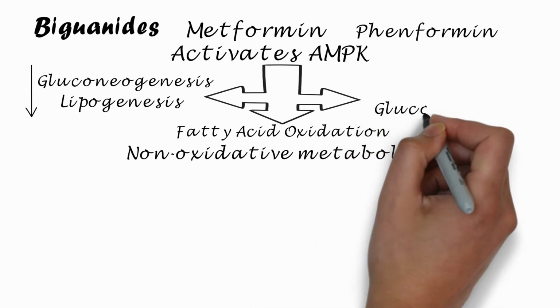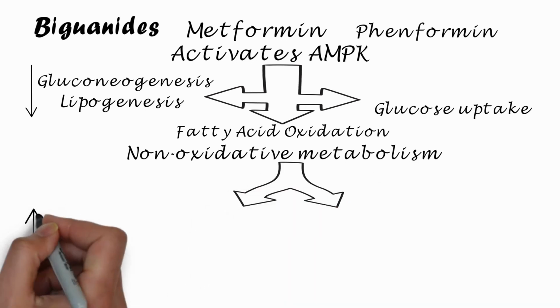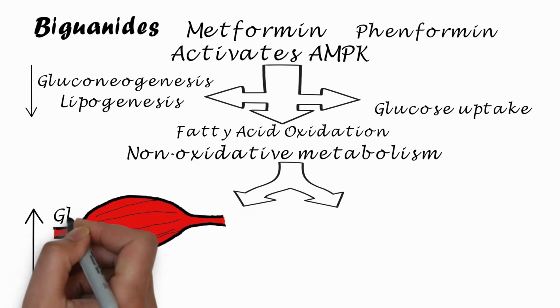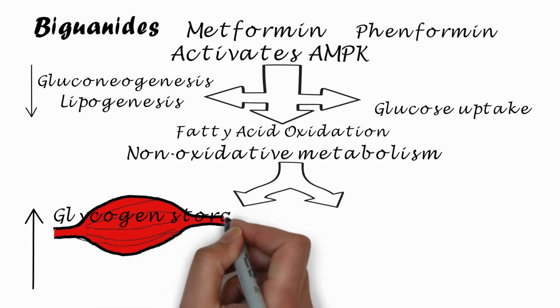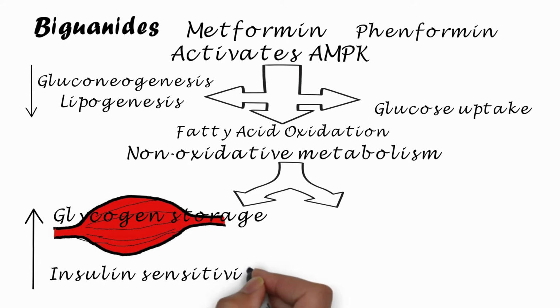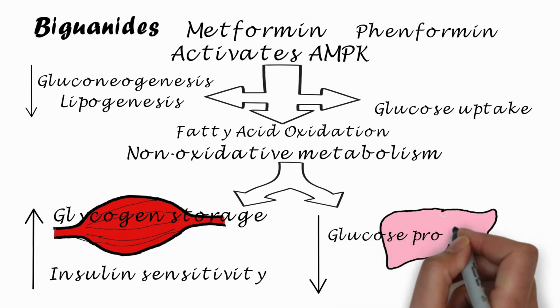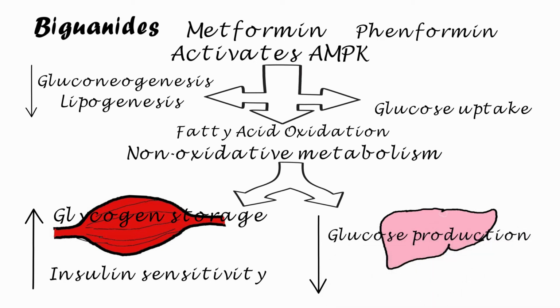It also stimulates glucose uptake. The net result of these actions is increased glycogen storage in skeletal muscle and increased insulin sensitivity, whereas there is a decreased rate of hepatic glucose production and lower blood glucose levels.